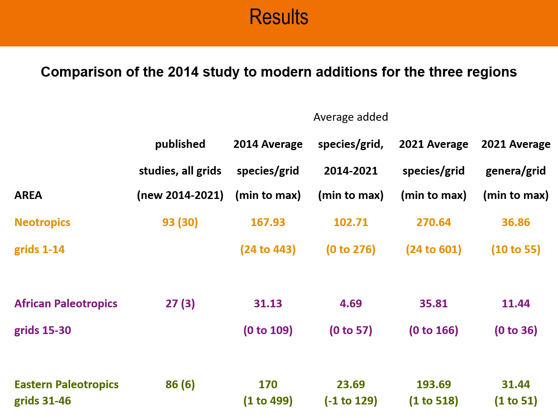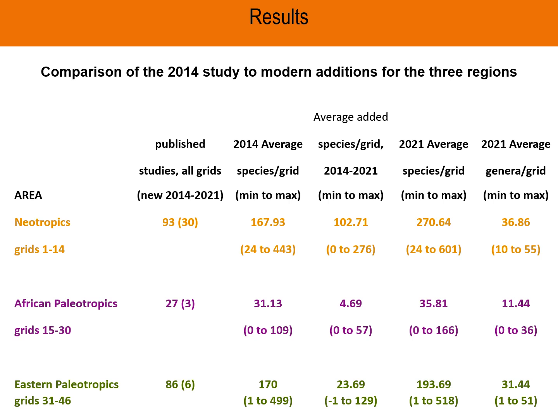Overall richness is higher in the Neotropics on average, but comparable between the Neotropics and Eastern Paleotropics in the best sampled grids. So the difference in the mean is likely a sampling issue. Same for the low values for Africa.